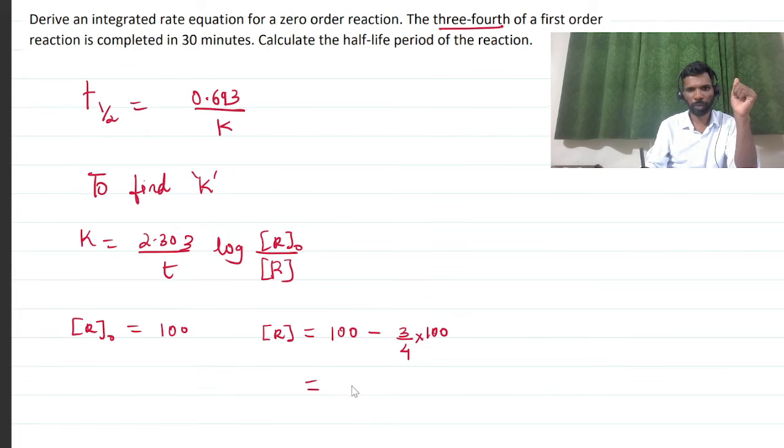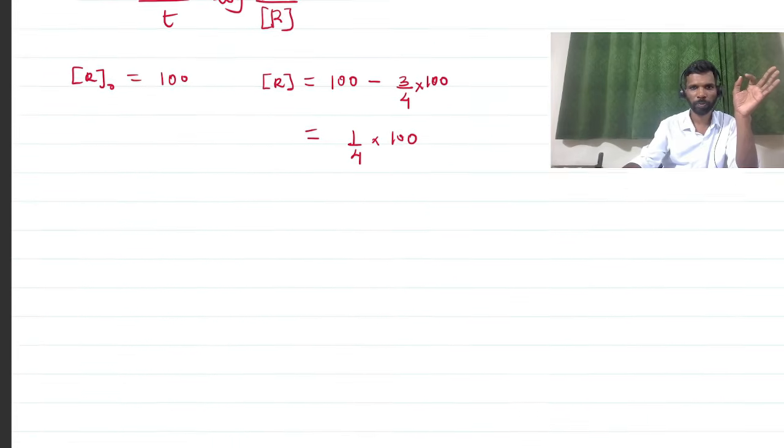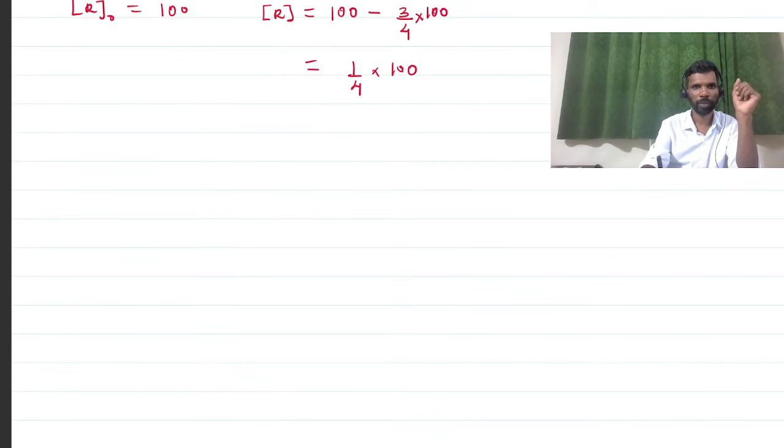This will be 1/4 of the 100. If you solve this, okay, I'll solve this for you. What will be R over here? You'll understand it. There are different ways you can solve. So here this is nothing is there means 1. So I'll write 1 into 4. This is 4 into 100.